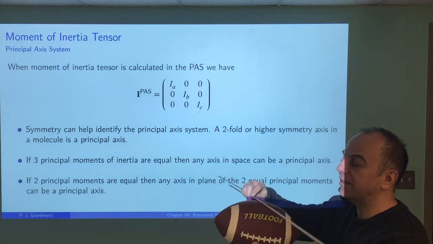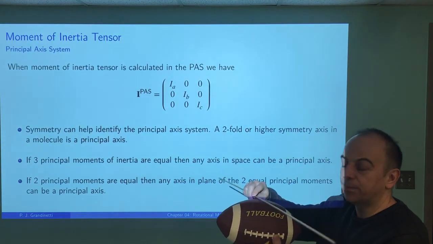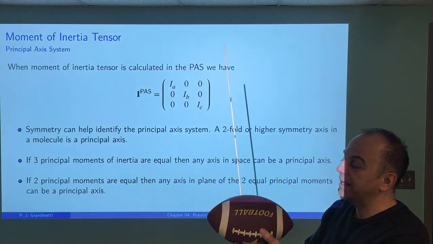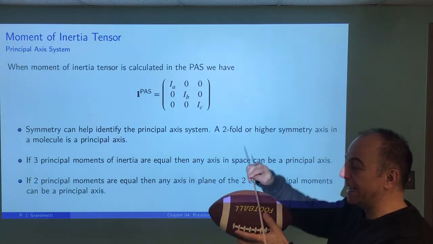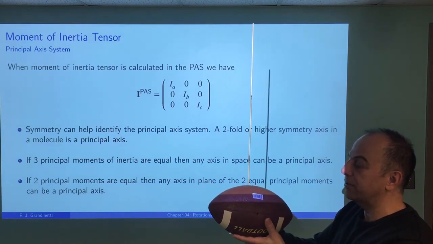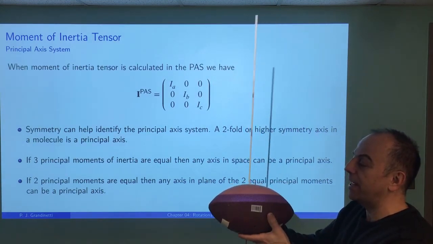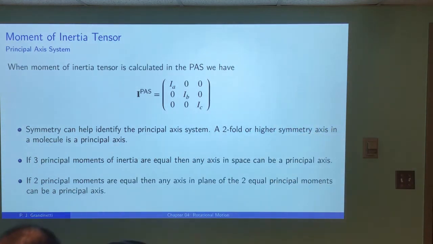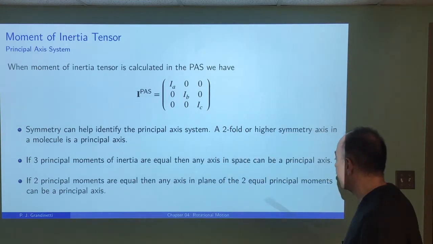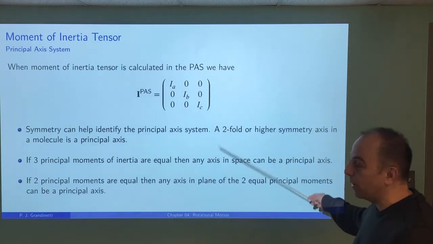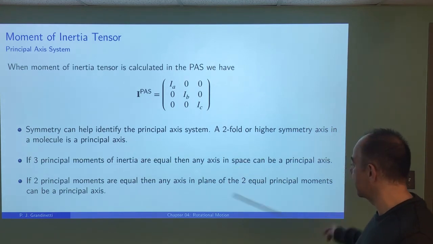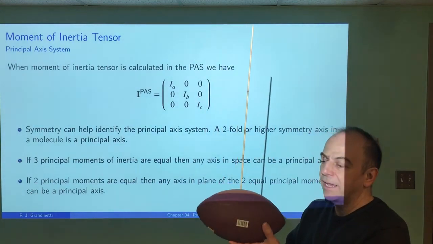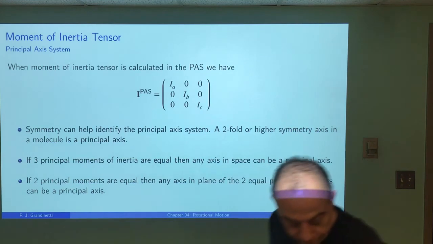Perpendicular to that, we have the other two principal axes, and it doesn't really matter if you pick one here and one there, because these two will be absolutely equal in magnitude, any axis that I pick in that plane is going to be a principal axis. So if it's spherical, any orientation will work. But if it looks something like this, where two of the components are equal, then any orientation in that plane will work too. Okay.